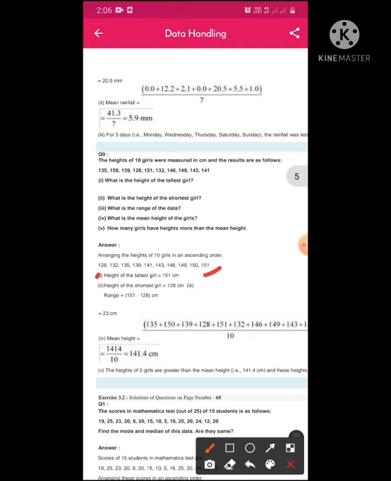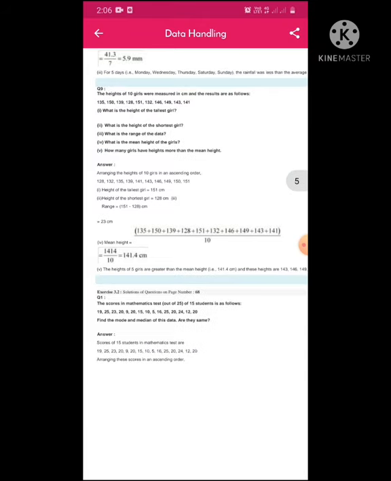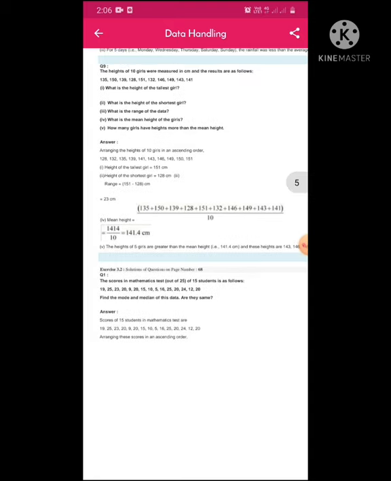Now we have to find the mean height. The first question was the tallest height and the height of the shortest one. Now we will see the fourth one, that is the range, which we have also found.